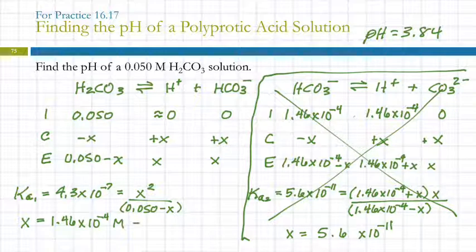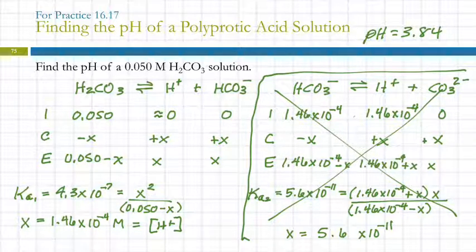This down here is our hydrogen ion concentration. Any questions? How would you know not to go to that second step? That's a good question. Can you just always assume that? Almost all the time, the second step of a polyprotic acid's ionization is not going to matter.